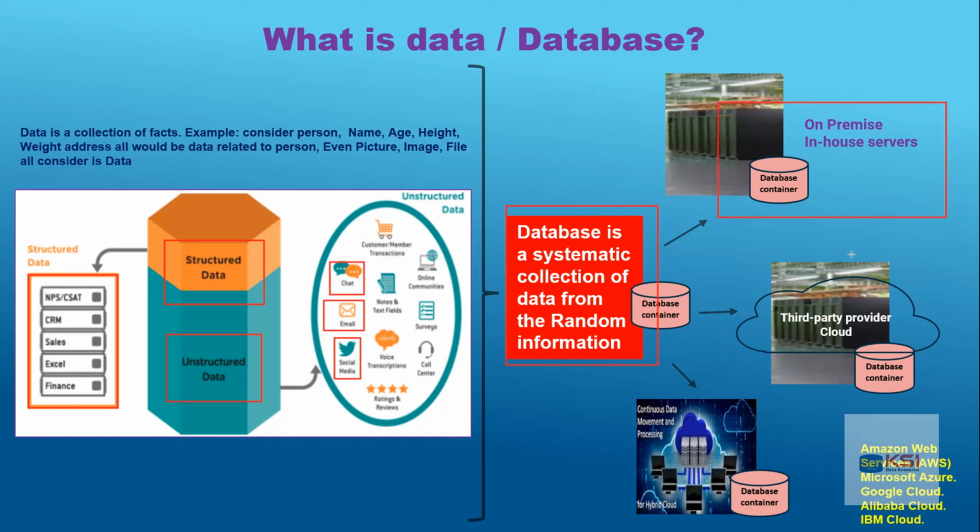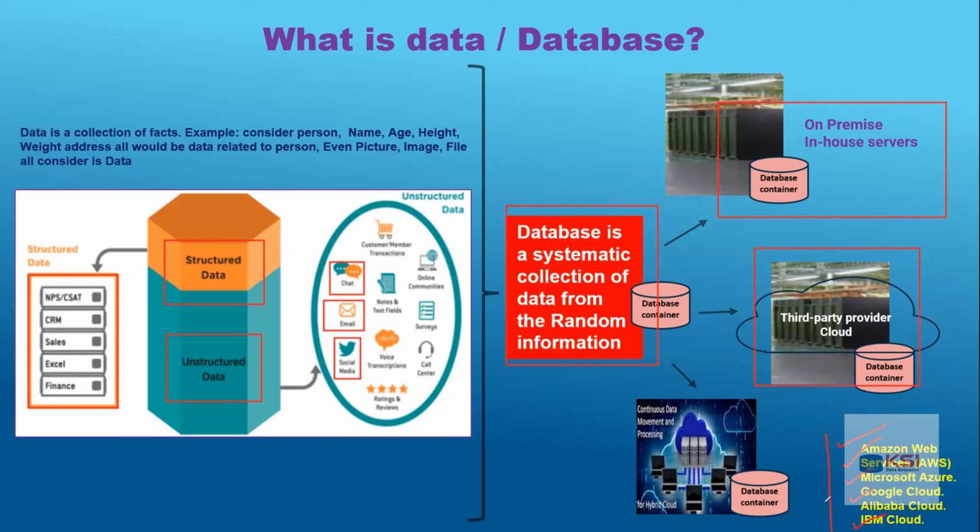Another would be on cloud. Sometimes we keep the data in a third-party cloud. Third-party means we have to buy server space from a third party. That could be Amazon. You see, look at the right corner, I wrote it here: Amazon website, server, AWS, Microsoft Azure, Google Cloud, IBM Cloud.